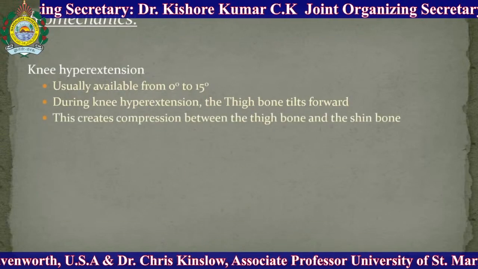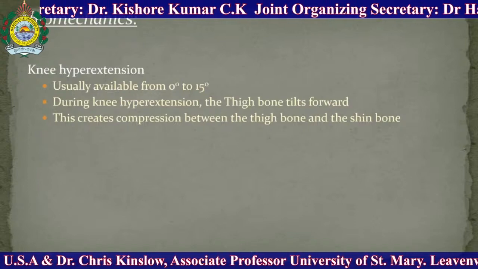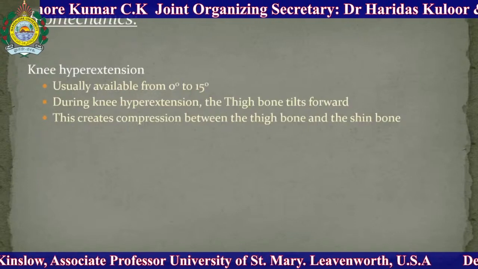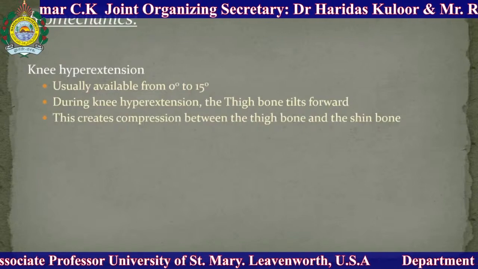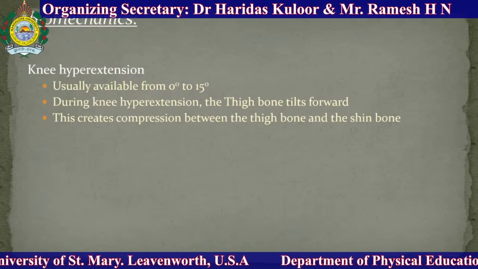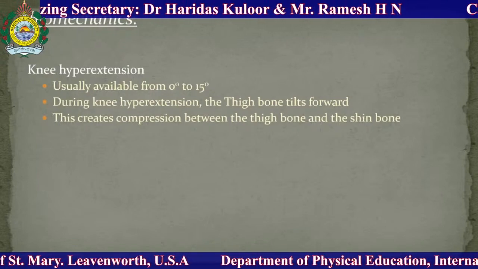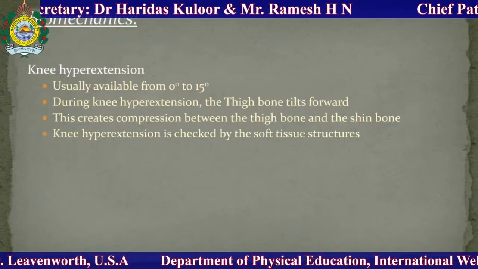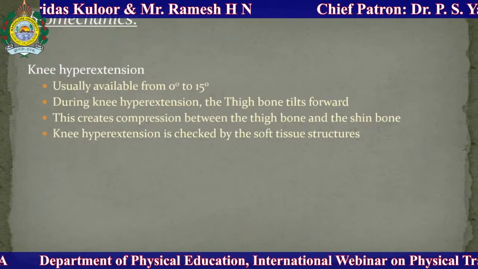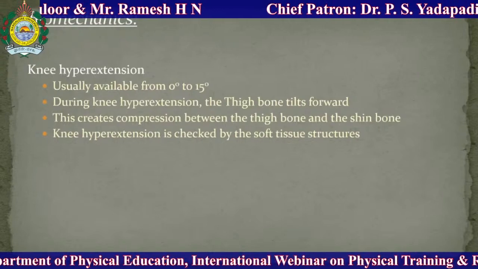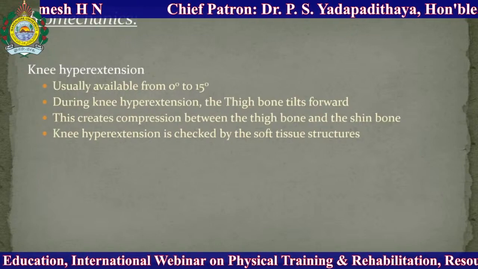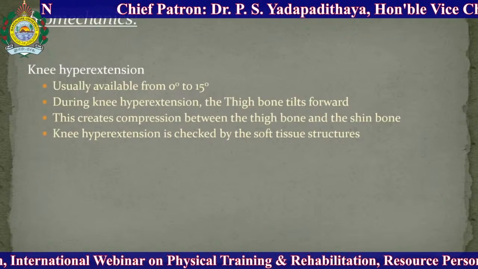And then this creates compression between the thigh bone and the shin bone. A lot of times in these ACL injuries, you'll see what's called a bone bruise of the tibia and femur, and that's because those two bones come together and really put a lot of pressure on one another and bruise that bone. And our soft tissue, including the ACL, is what limits hyperextension of the knee, and that's why it's problematic for individuals that have sustained an ACL injury.